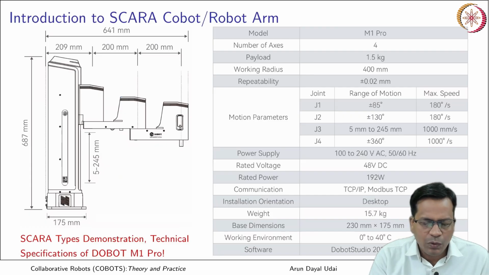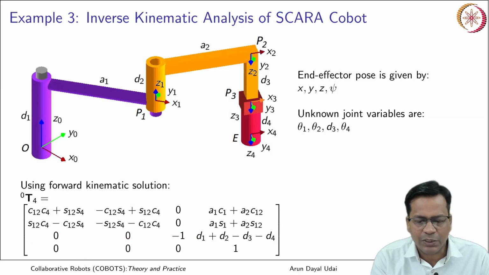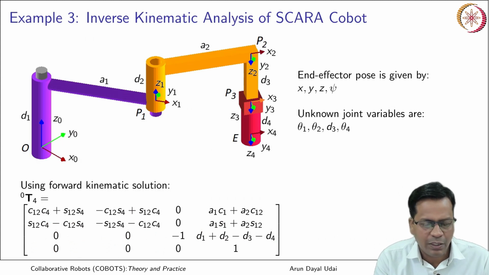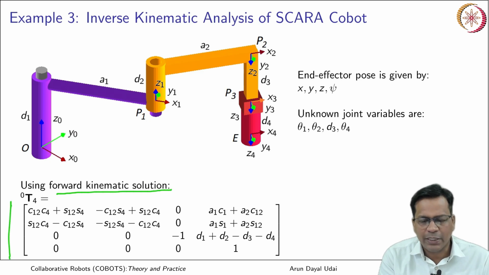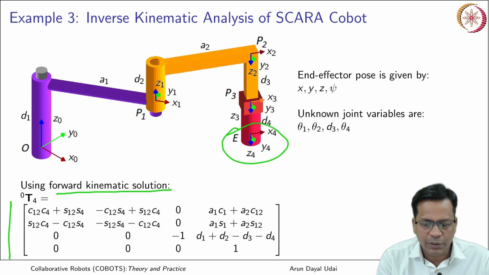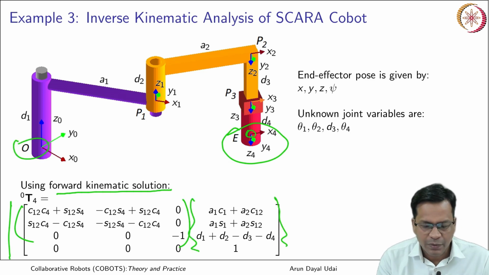So now let us go and do inverse kinematics for this. So inverse kinematics of SCARA, again I will start with the forward kinematic equation that we have obtained earlier. So this is your forward kinematic equation, okay. For the end effector, the homogeneous transformation matrix is written here, that gives you the orientation and position of your end effector frame with respect to the base, okay.